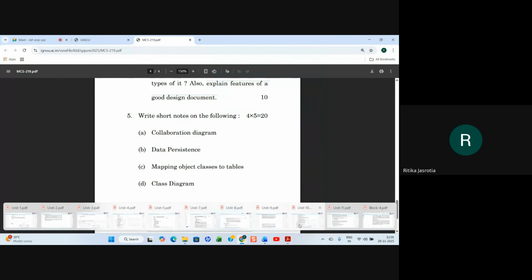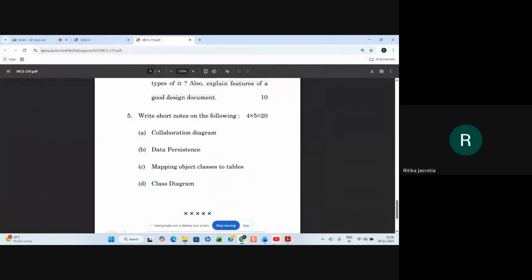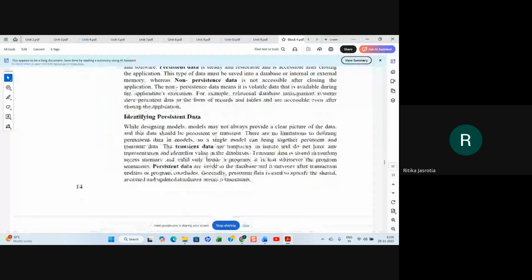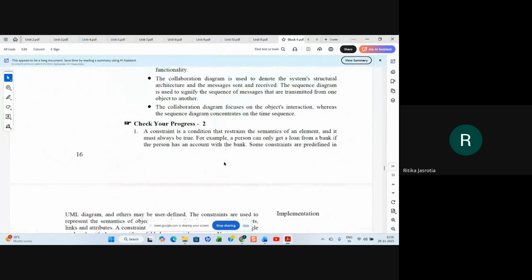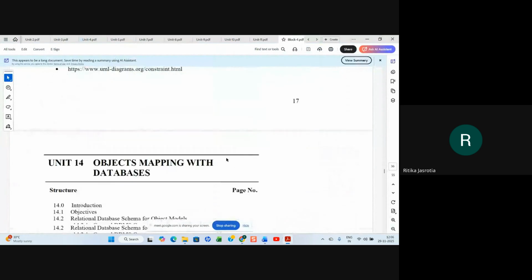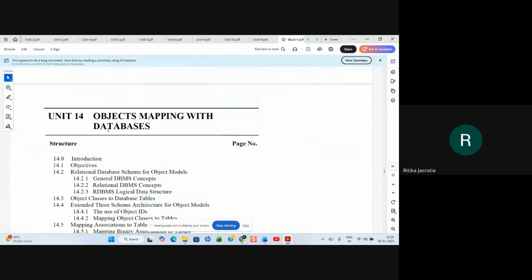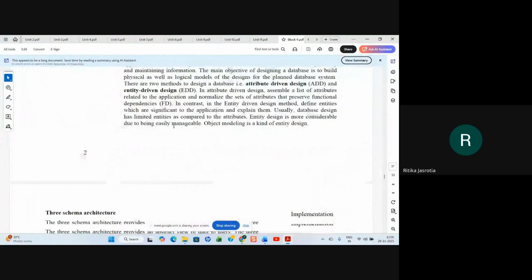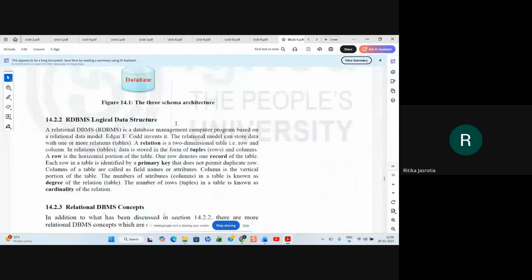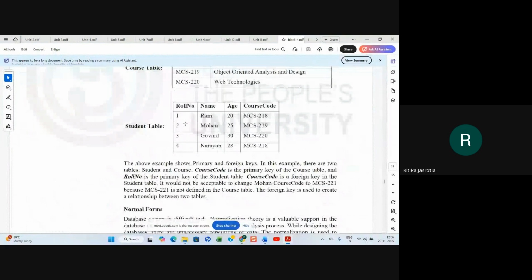So we have also done mapping object classes to tables. So mapping object classes to tables was this one. After this, in the fourth block, object mapping with databases. So this is how you map. We'll take an example like here.